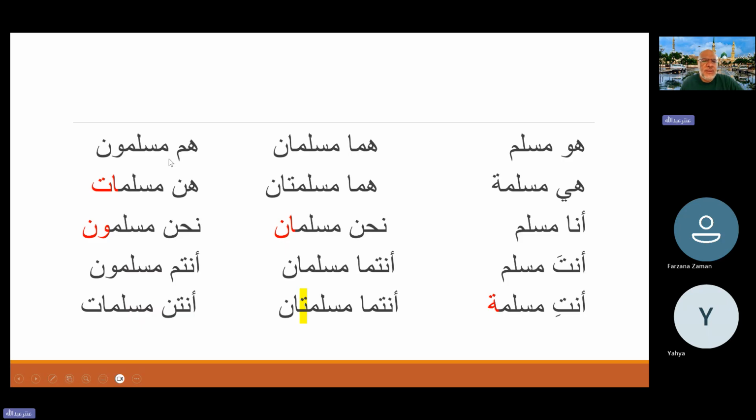For the plural, hum muslimun with waw and nun. Hunna muslimat with alif and ta. Nahnu muslimun, antum muslimun, antunna muslimat. So the alif and ta is a marker for the plural female. The waw and nun is the marker for plural male.